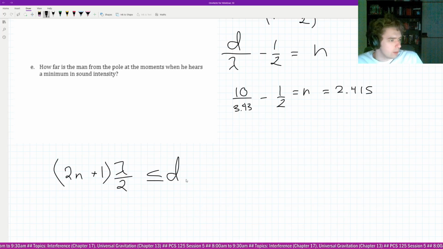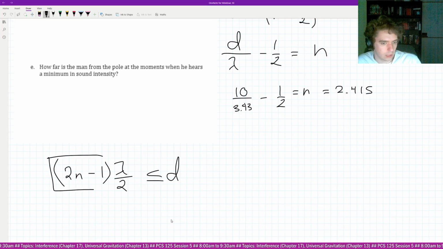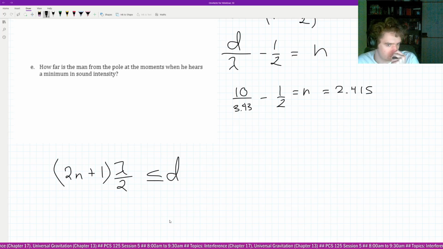So why is it an inequality? There is a maximum value for n, which we observe minima. To get n, we solve the inequality. Is it 2n minus 1 or 2n plus 1? It's 2n minus 1 in the solution. But since it just means odd multiple, it's the same thing as if you did plus. It's just like which multiple you start at.